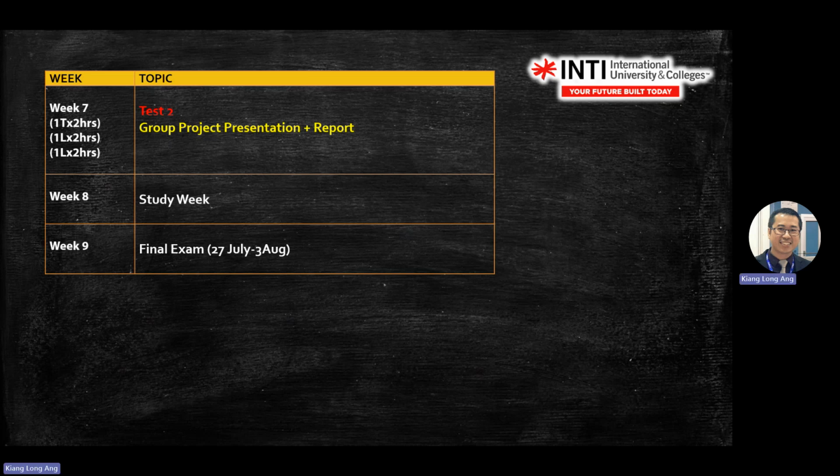Last semester, I didn't have a physical presentation. I asked the groups to record a video and upload it to a platform. They can use MS Teams to record, or YouTube, or any social media platform. Then they share the link with me. I go and watch, then I give the marks for the group presentation.